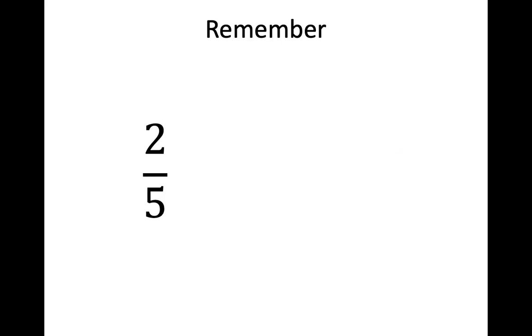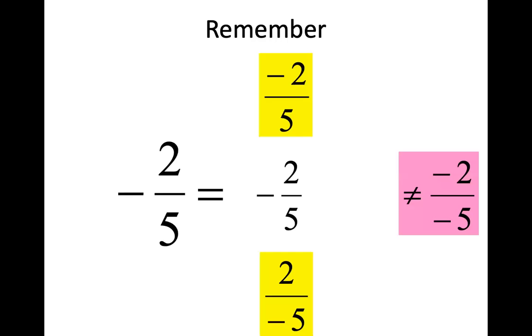Change gears. However, is the fraction positive or negative? So this one can be written as, no, that would make the whole fraction negative. What's a negative divided by a negative? So this one can be written this way. One last time. If the fraction is negative, put the negative on the top or the bottom. It doesn't make a difference, but don't put it on both.